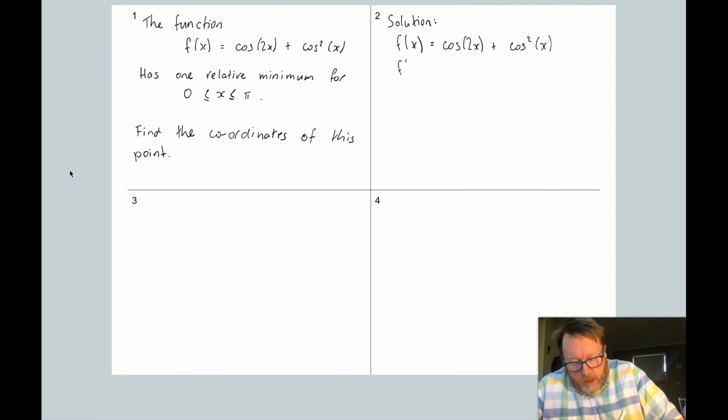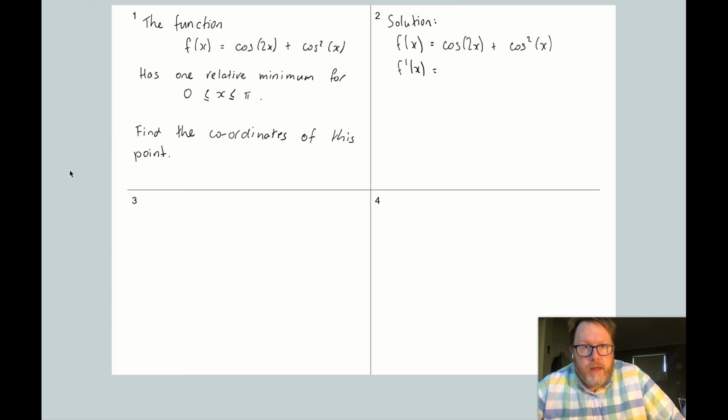So f dash of x is equal to, and now we need to find the derivative. We've got a plus, so we know the derivative is going to be the derivative of this plus the derivative of that. And this is made up of two functions, right? We look at an inside function. The argument to cosine is 2x, so 2x is effectively a function.